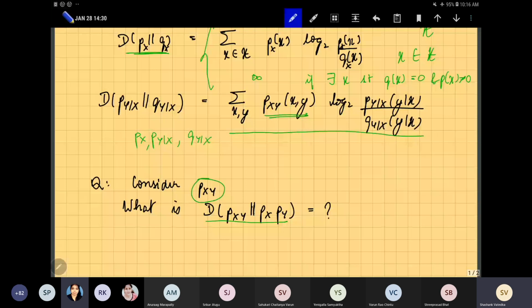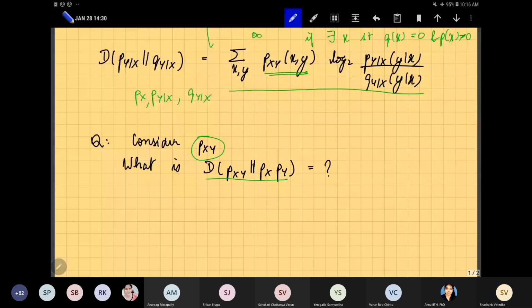Mutual information. Exactly. So it's equal to the mutual information, right? So what is this KL divergence equal to? Again, let's go by this definition over here.